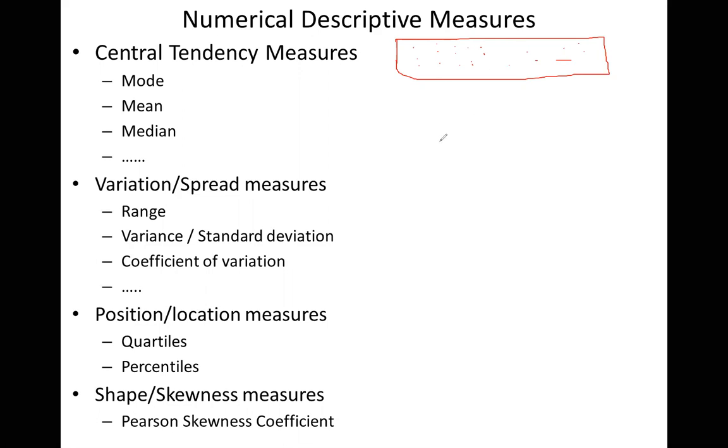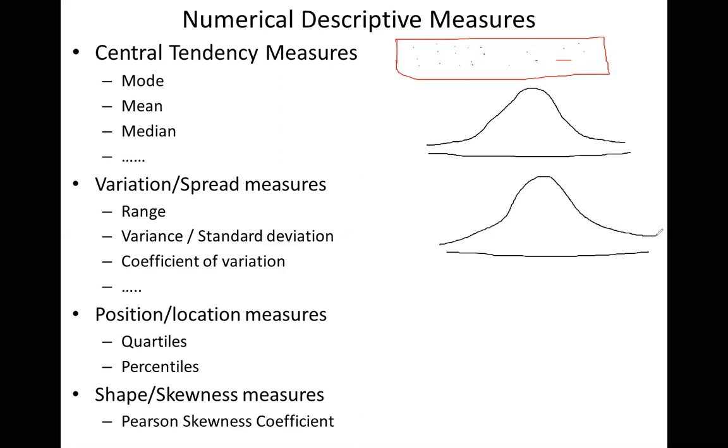So assume this data can have one of these three histogram plots. Assuming the first one is symmetric, or the data can be skewed to the right, assuming that we covered all these points.